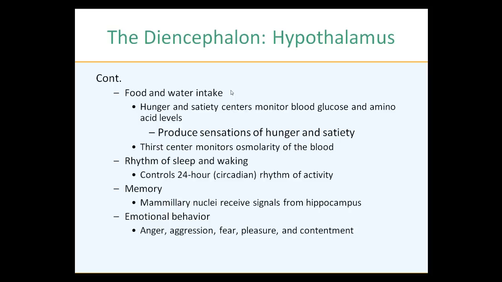We have another hormone called cholecystokinin, and this is a satiety hormone that gives you the feeling of being full after a meal. It also has receptors for insulin, glucose, and some amino acids, to control whether you're hungry or not. And like I said earlier, it secretes neuropeptide Y, but also melanocortin.